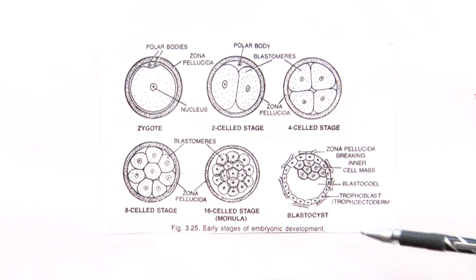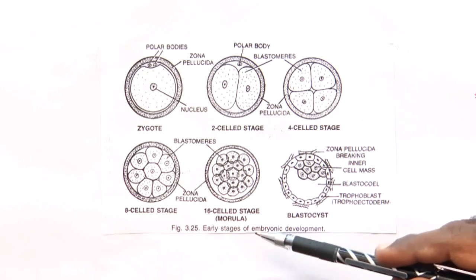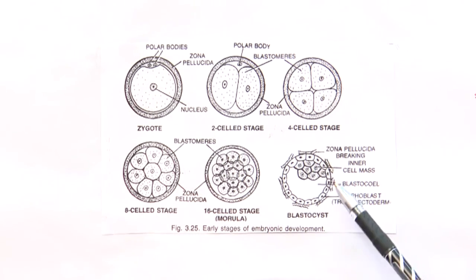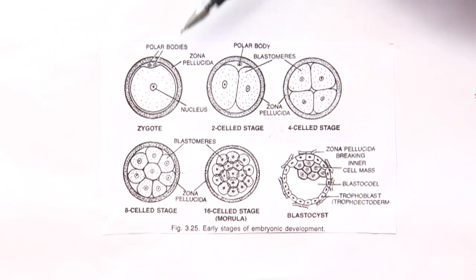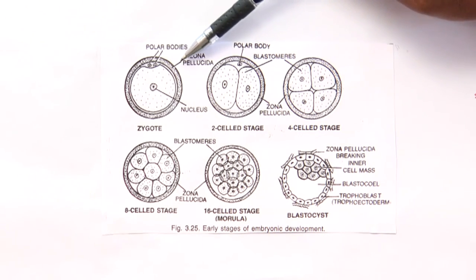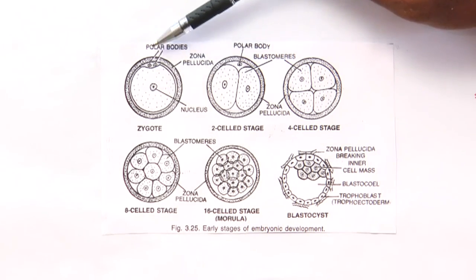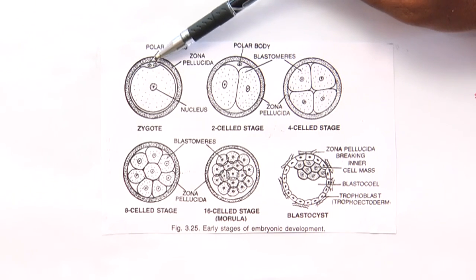This diagram shows the early stages of embryonic development, how the zygote is converted into a blastocyst. So this is the zygote. Here you can see the zona pellucida, which is the outer layer, and here you can see the nucleus, and here are the polar bodies.